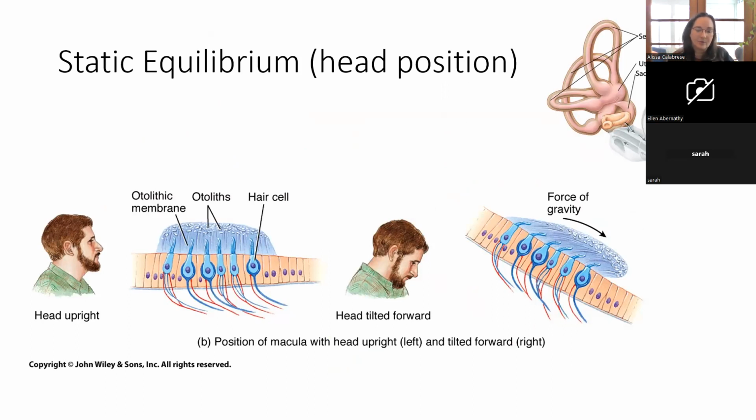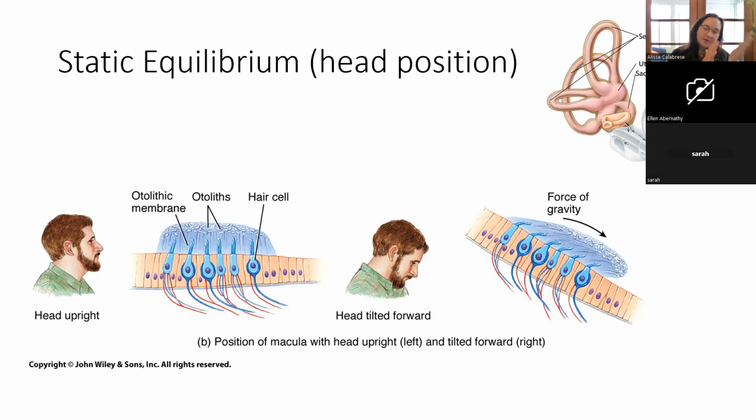And static equilibrium uses gravity to tell you where your head is. So within these structures, the utricle and saccule of the vestibular apparatus, there are these tiny little, what we call otoliths or ear stones. And all they do is they flow with gravity.